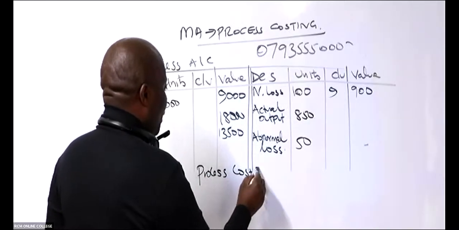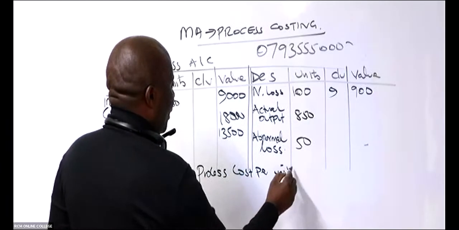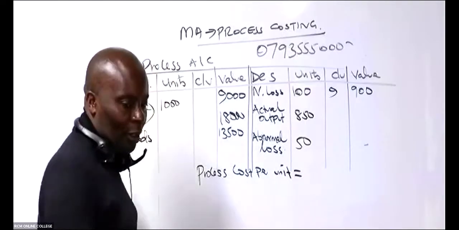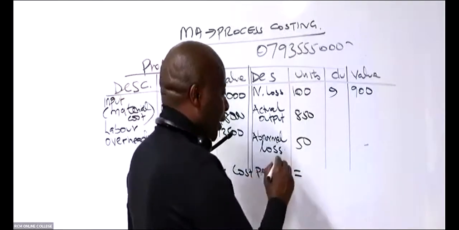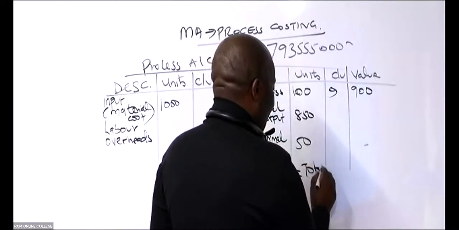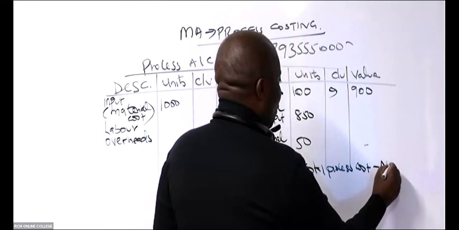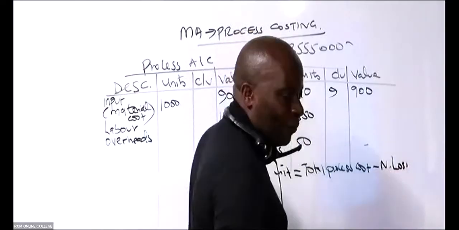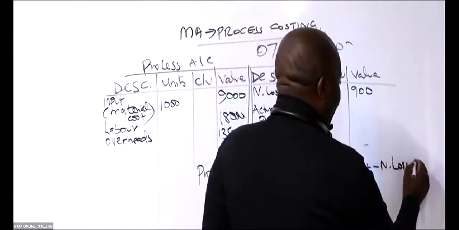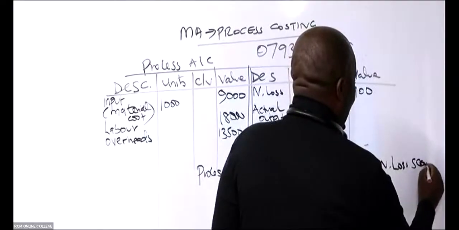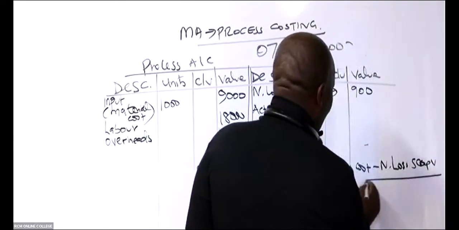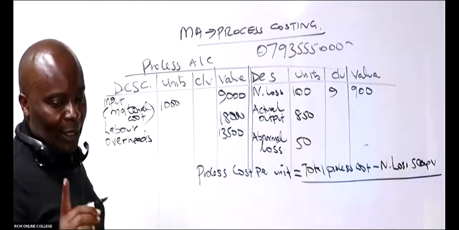Process cost per unit. I'm able to remember this very well. We said we take the total process cost minus normal loss scrap value, all over. Please listen.